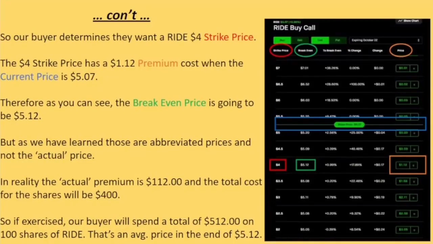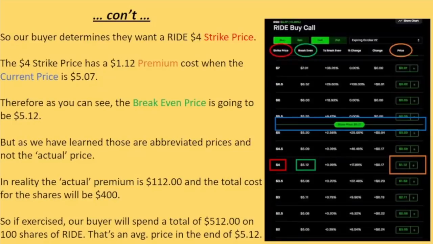And I'll point out one other thing. If you were to buy this $4 call option and exercise it with a final price of $512, well, what would your average price of your shares be on the 100 shares you just got? If you add the premium and the strike price and do the times 100, you get the $512.